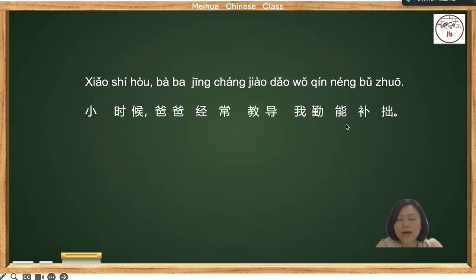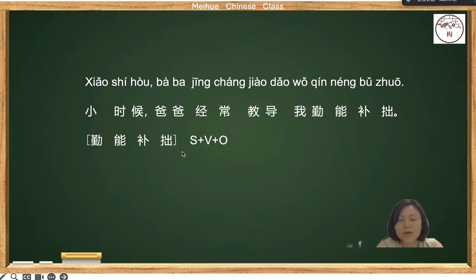Let's look at especially this part because it's a Chinese idiom, so I should explain it in more detail. 勤能补拙. If you still remember what we learned in the last session, the structures of Chinese words, you may be able to guess the structure type for this word.